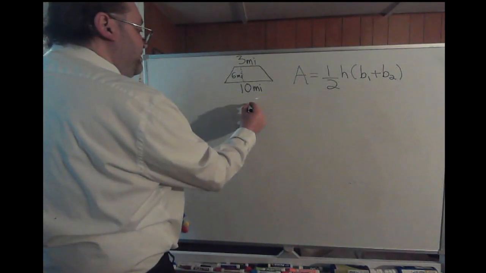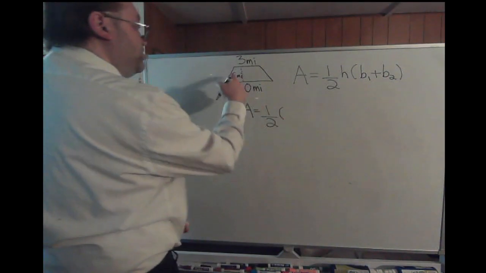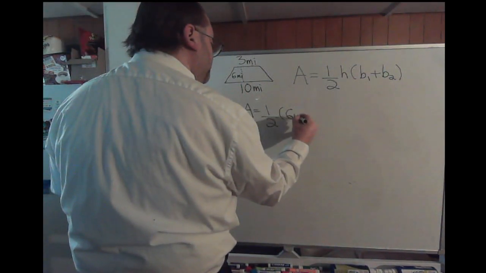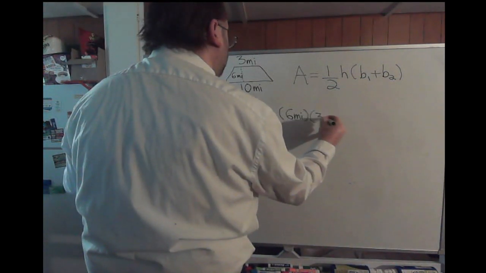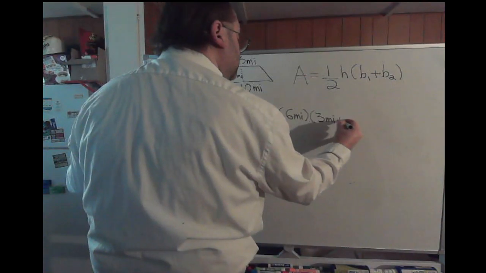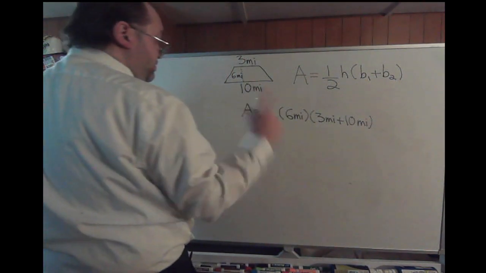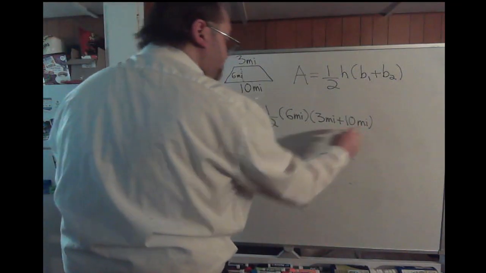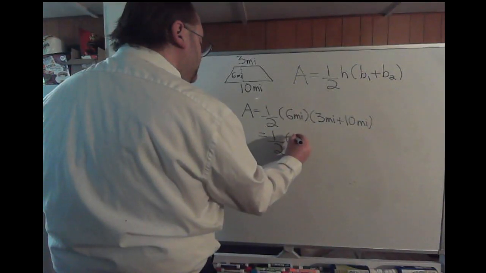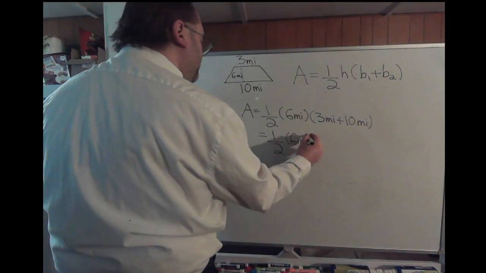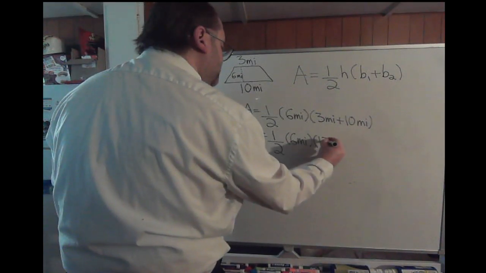So again, find the area of the trapezoid. It's going to be 1/2 times your height, which was 6 miles, times the sum of your two bases, which would be 3 miles plus 10 miles. Of course, according to order of operations, do what's in the parentheses first. So you'll have 1/2 times 6 miles times 3 plus 10, well, that's 13 miles.